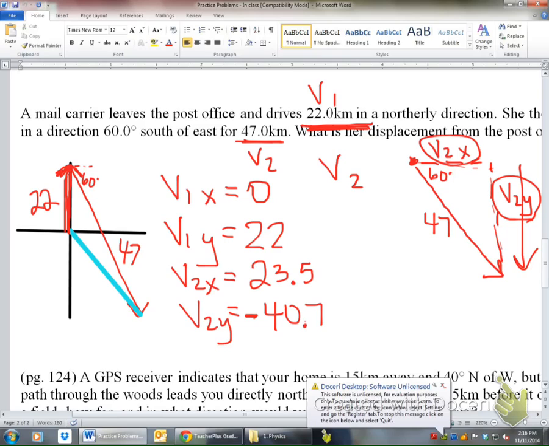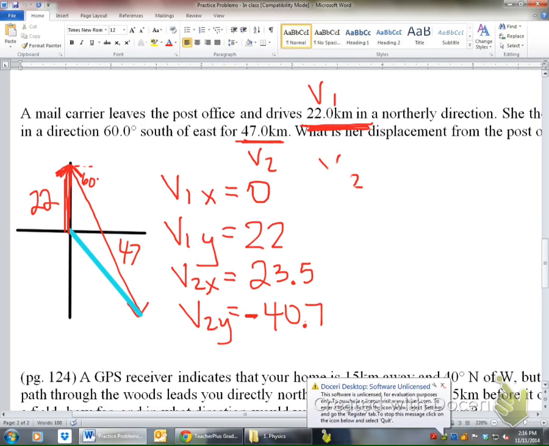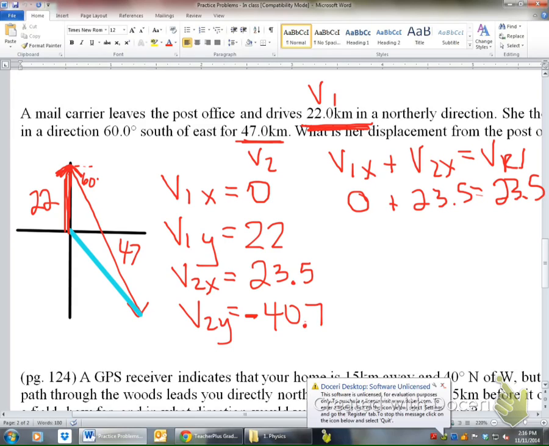Now let's add these components together and we're going to get our resultant. V sub 1x plus V sub 2x is 0 plus 23.5, which gives us 23.5. That's our V sub r x component, the x component of our resultant vector. We're going to do the same thing for the y's.